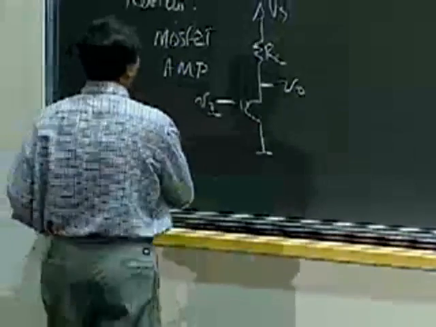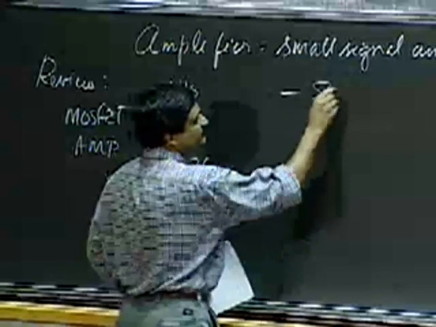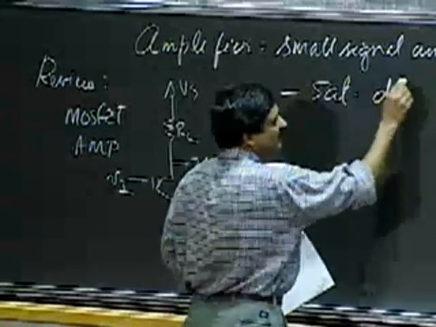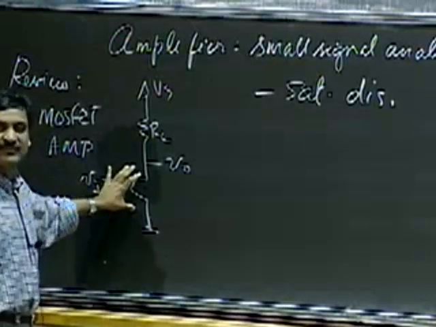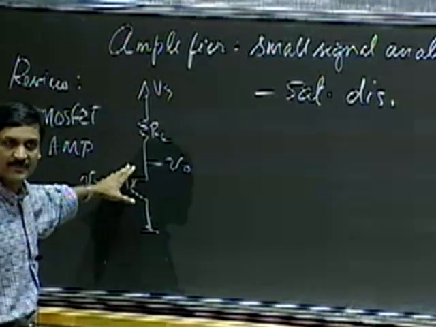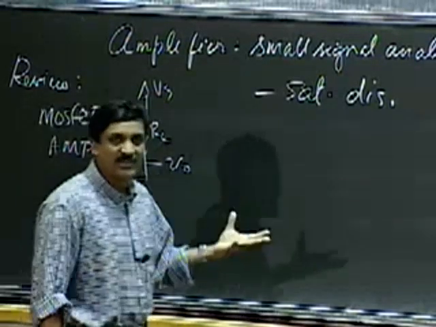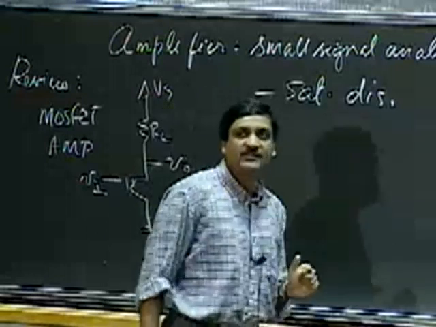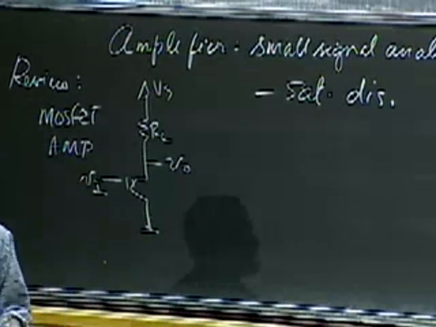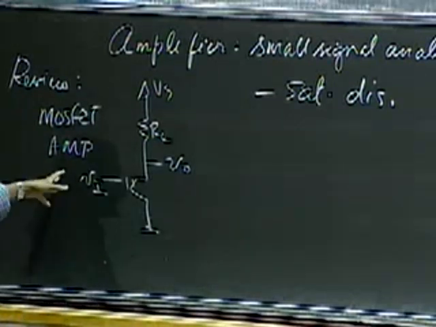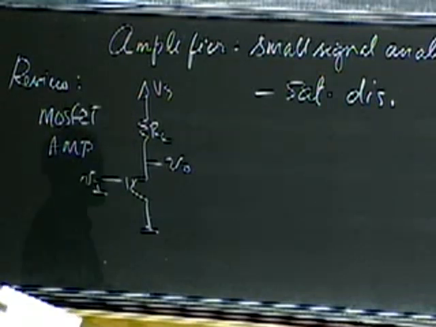Okay. So here was an amplifier. And then we noticed that when the MOSFET was in saturation, it behaved like a current source. And this circuit would give us amplification while the MOSFET was in saturation. So we agreed to adhere to the saturation discipline, which simply said that I was going to use my circuit in a way that the MOSFET would always remain in saturation in building things like amplifiers and so on.